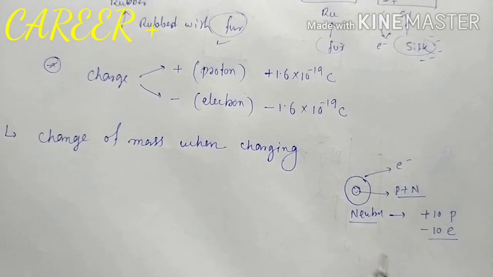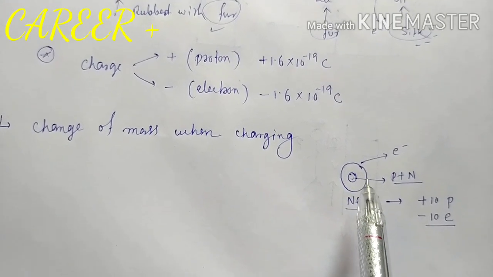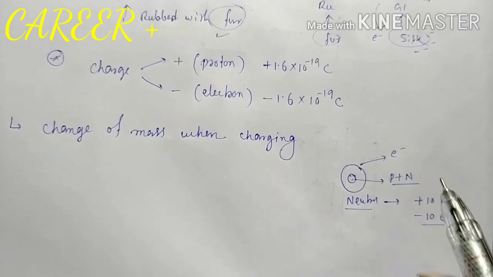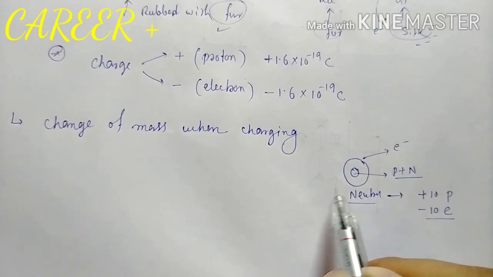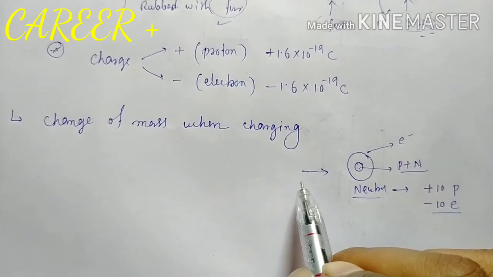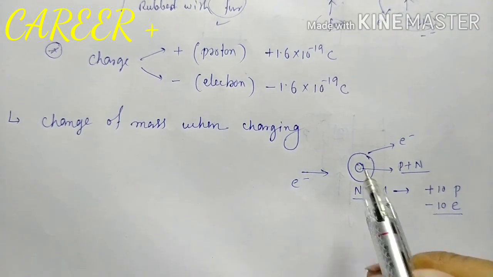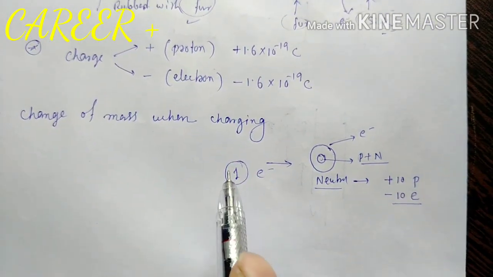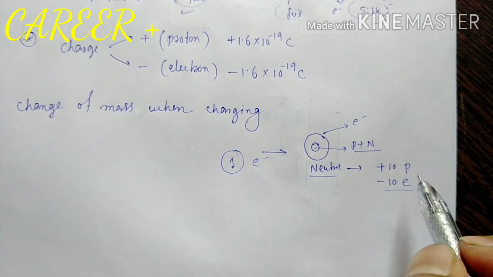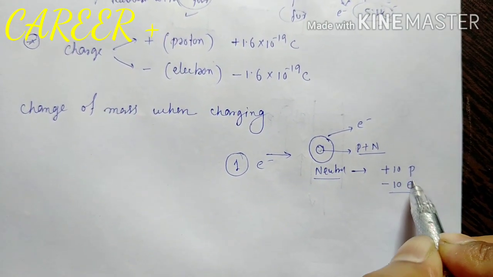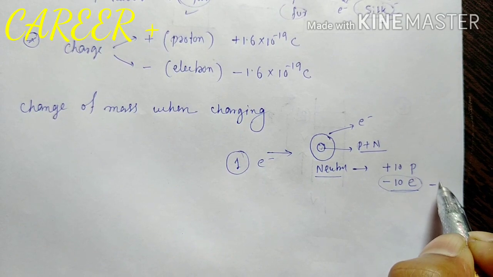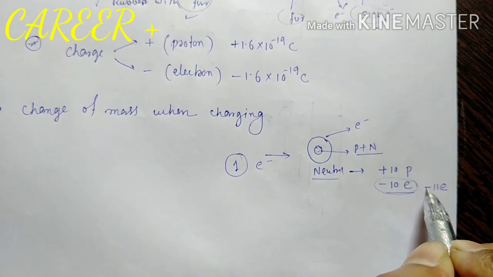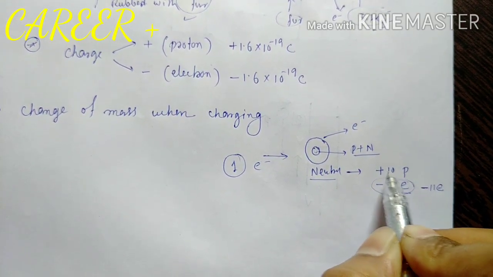Now the question is, when it becomes negatively charged or positively charged, is there any change of mass? The answer is yes. How? Say it becomes negatively charged, it means an extra electron is added to it. Say one extra electron comes from outside. Then the number of electrons increases, now it is 11 electrons, which are negative, and 10 protons.